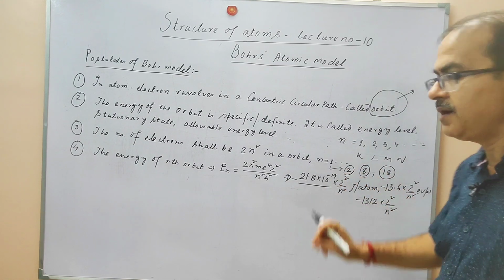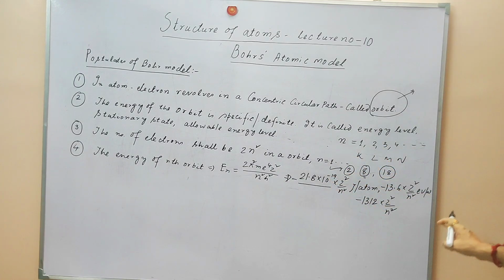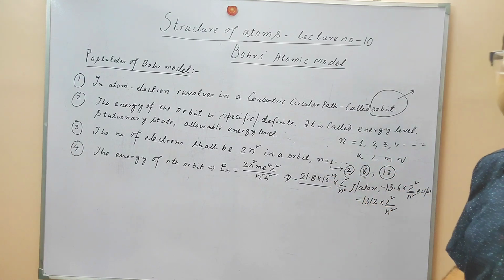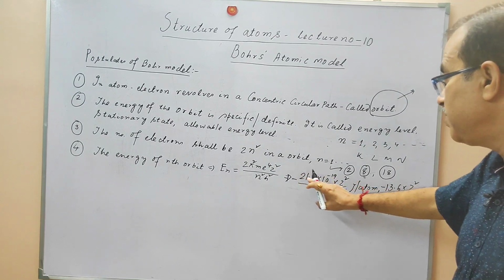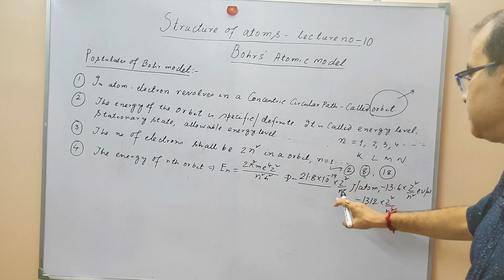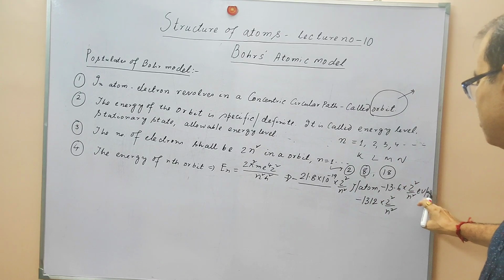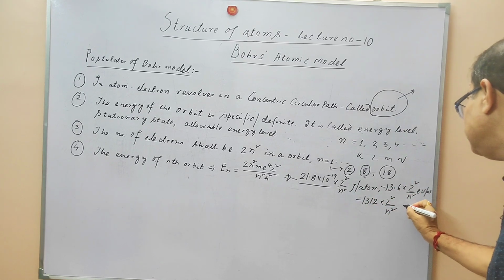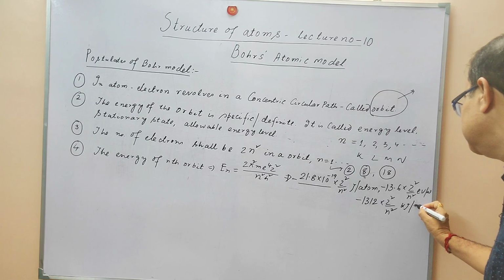After putting the constant values, you have different expressions, and they differ because of the different units. 21.8 into 10 to the power minus 19 is in joule per atom, 13.6 is in electron volt, and the other is in kilojoule per mole.